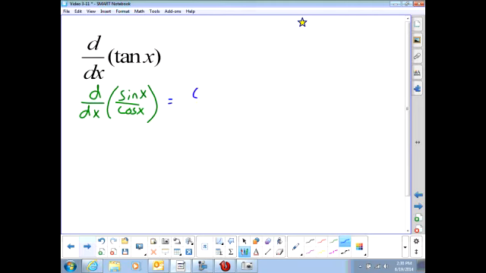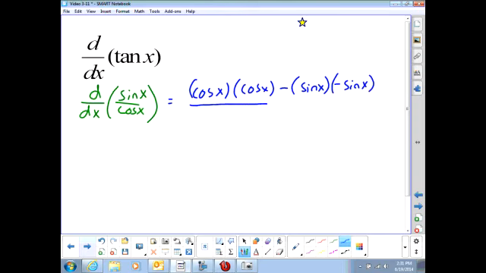So low will be cos x. D high, derivative of sine x would be cos x. Minus high, sine x. D low, derivative of cos x is a negative sine x. All over low low. So we'll have cos squared x.